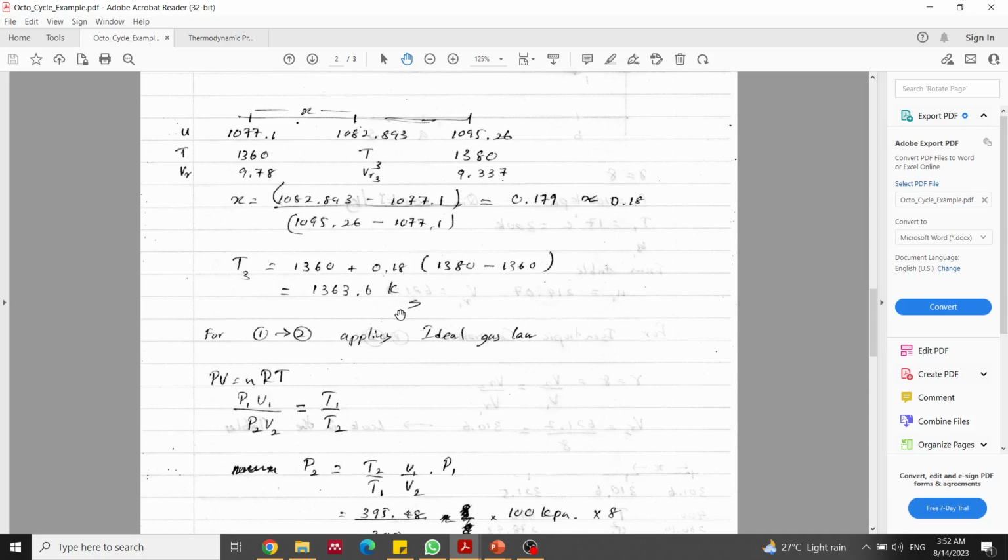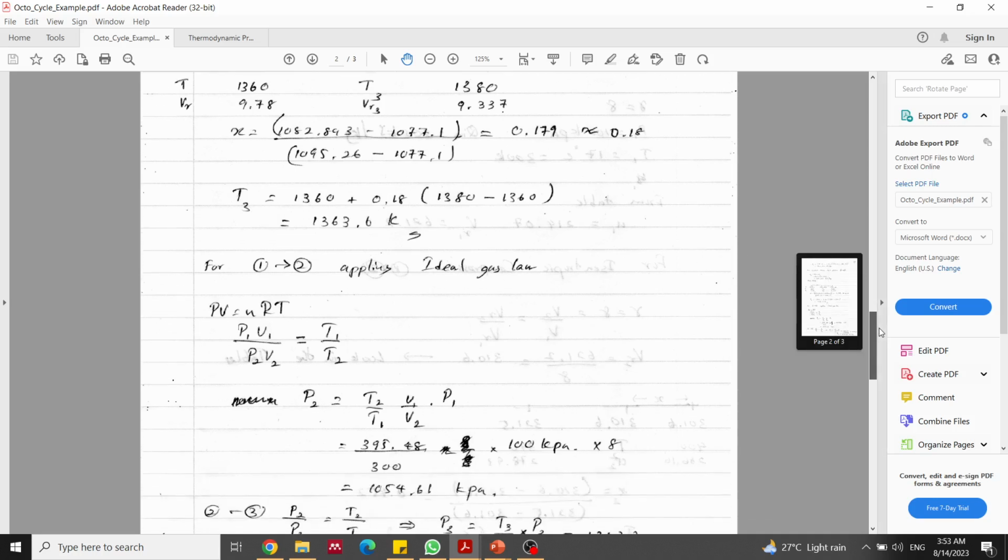So for the moment we have figured out the temperature values, the maximum temperature value. The next thing is maximum pressure. Now we have completed the temperature values for points 2 and 3. Then we had to figure out the pressure value for points 2 and 3. So let's calculate the pressure value at point 2.